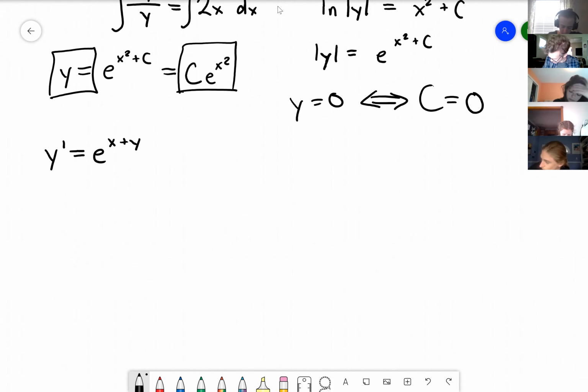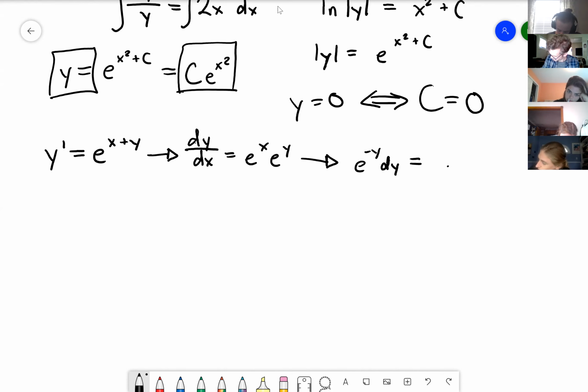Go ahead and write the first step. So I get for this e to the minus y dy equals e to the x dx. Yeah. I think that's how we start.